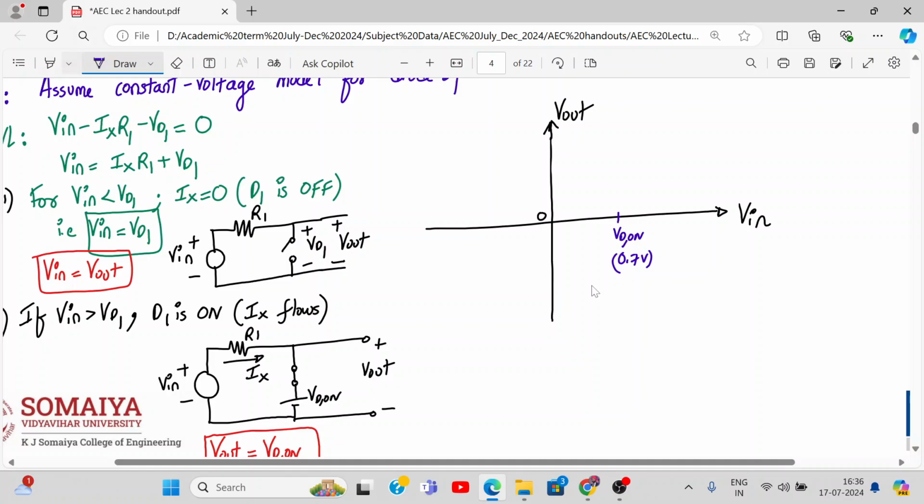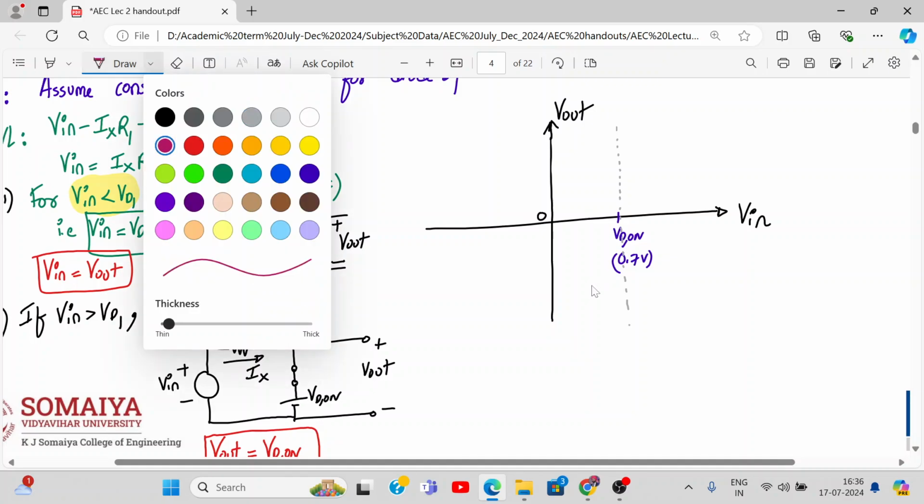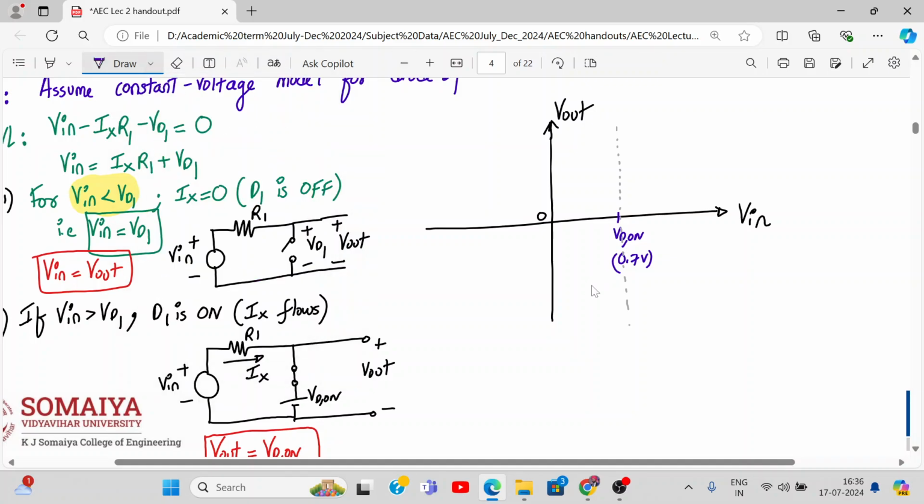See, here, this is the condition. Let me highlight it. So what I will do is, I'll draw this line like this. So when is V in less than VD on? Up till here, right? So I will draw a line like this. See this line carefully now. 45-degree line passing through the origin.